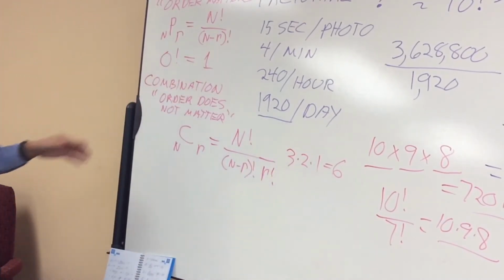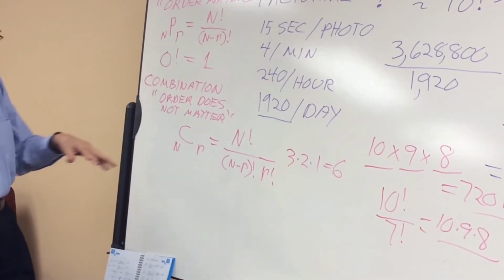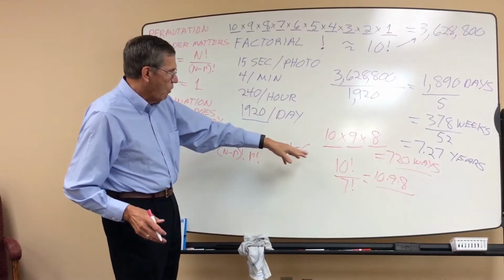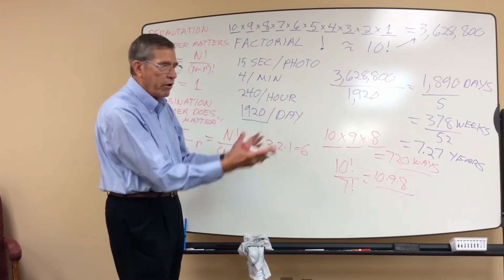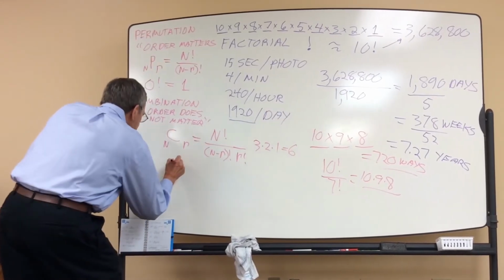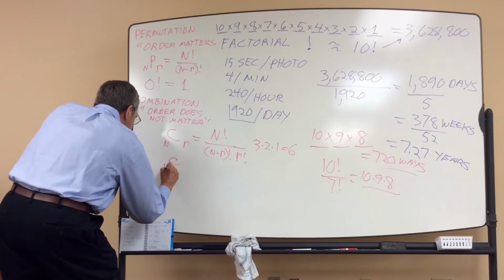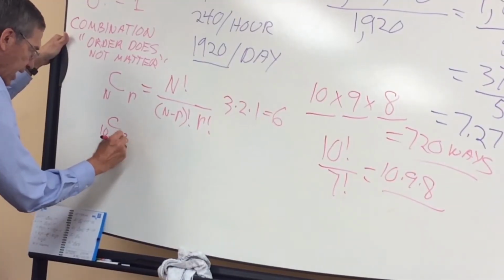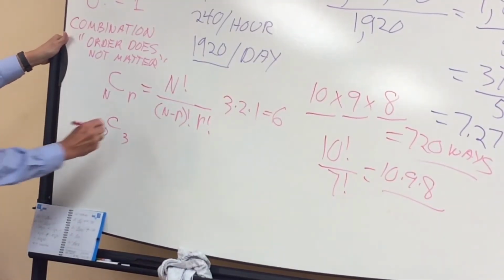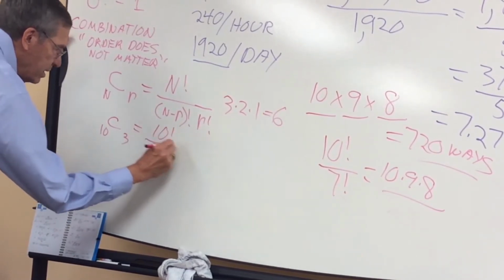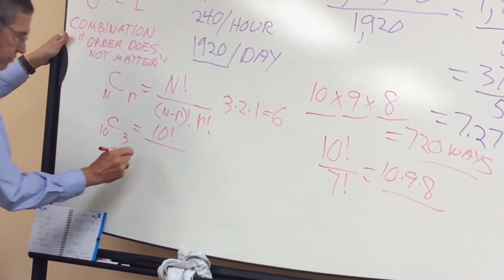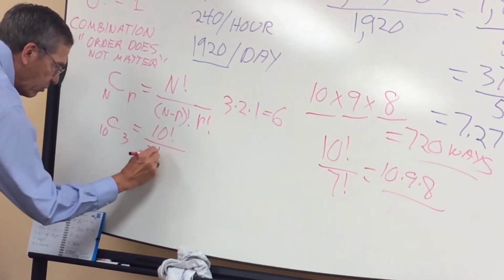Okay? By r factorial. So now let's look at our example that we had before of picking from 10, picking 3, order doesn't matter. So that'd be the combination of 10 books, taken 3 at a time, order doesn't matter. The 10 factorial on the top, divided by 10 minus 3, which would be 7 factorial.